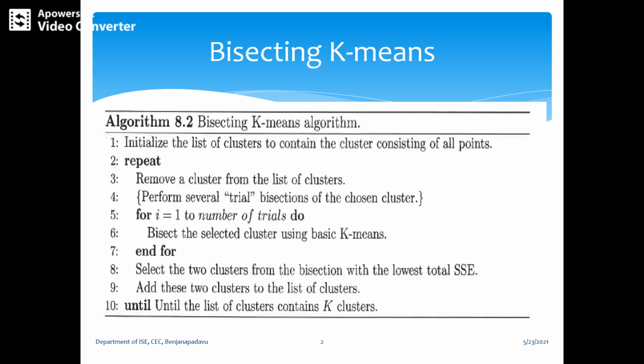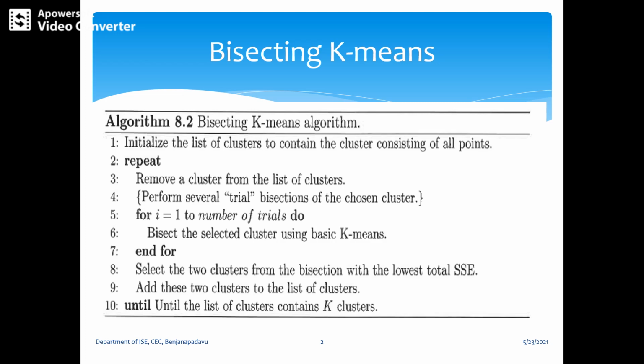In the previous videos, we have discussed the k-means algorithm, types of cluster and clustering types. So now we'll see bisecting k-means. The bisecting k-means algorithm is a straightforward extension of the basic k-means that is based on a simple idea.